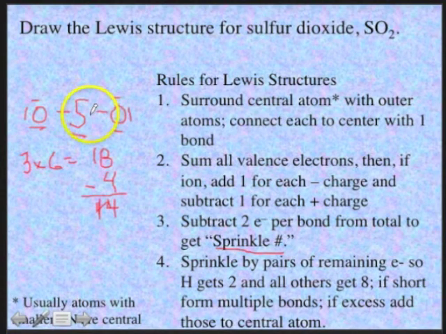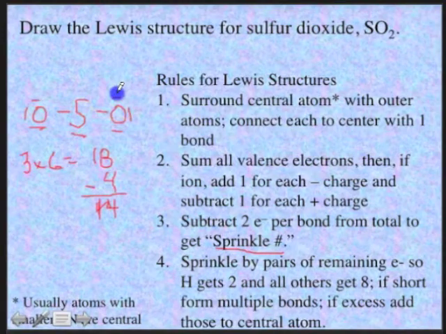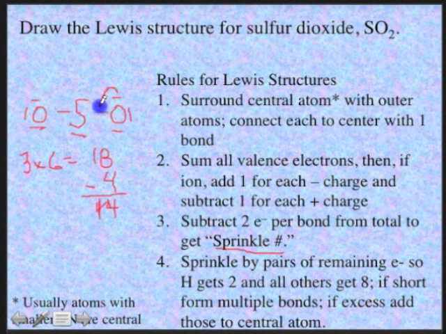So in this situation, where I'm not getting an octet of electrons around the central atom, I'm going to take a pair of electrons that's situated just on oxygen, a lone pair, and move it over so that it shares with sulfur. And when I do that, I will end up with this. I'll end up with a double bond to this oxygen.